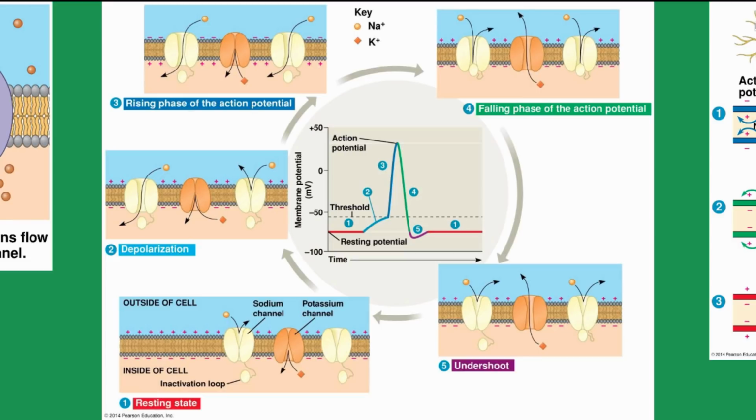Then, to get back to the resting potential, the potassium channels are opened, and the potassium goes rushing out of the cell, because potassium, remember, was at a higher concentration inside, so it will move down its gradient and move out of the cell. That is our local communication, right? Cells that are very close to each other, able to communicate.